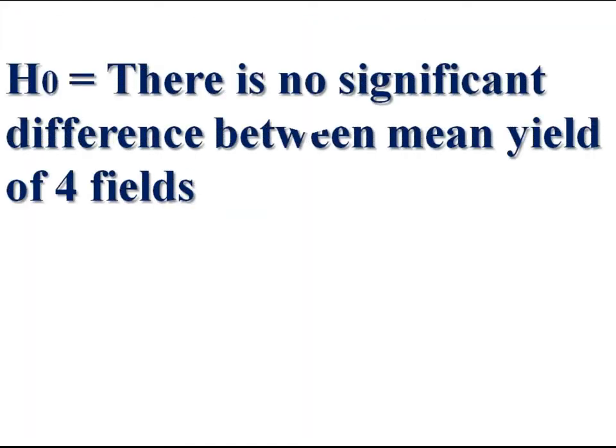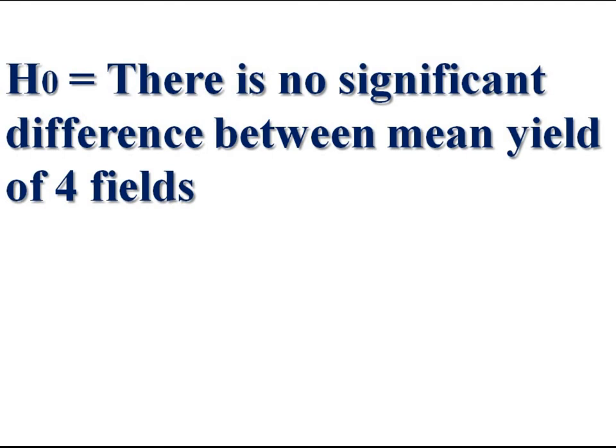Then we have to construct the null hypothesis. Null hypothesis is there is no significant difference between mean yield of the 4 fields. X bar 1 is equal to X bar 2 is equal to X bar 3 is equal to X bar 4.